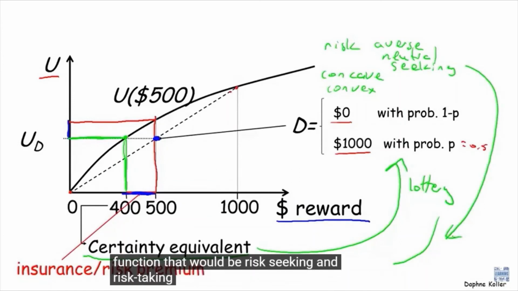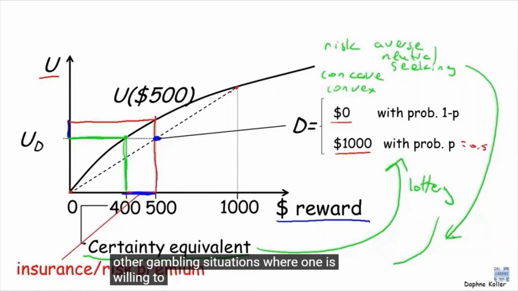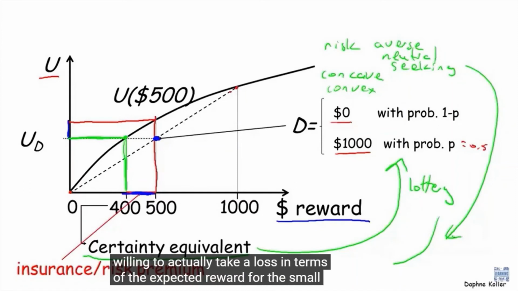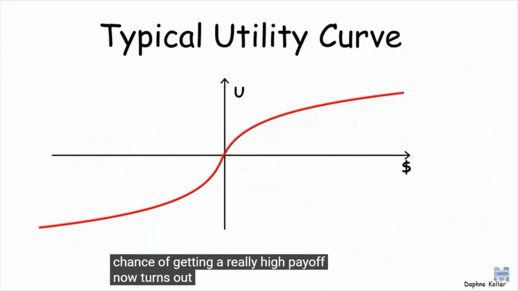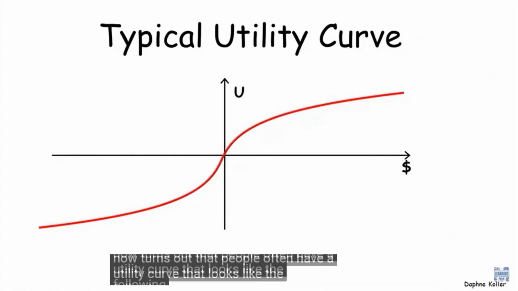And risk-seeking behavior occurs, for example, in Las Vegas, or in other gambling situations, where one is willing to actually take a loss in terms of the expected reward for the small chance of getting a really high payoff.